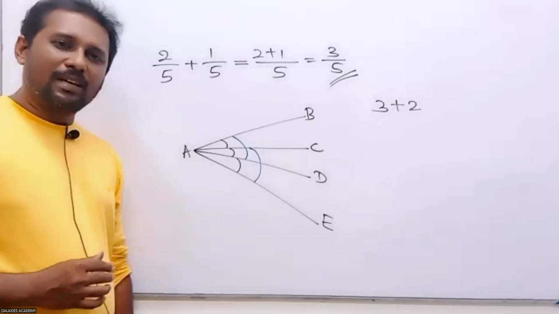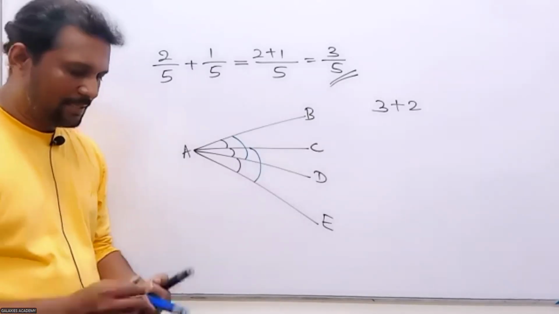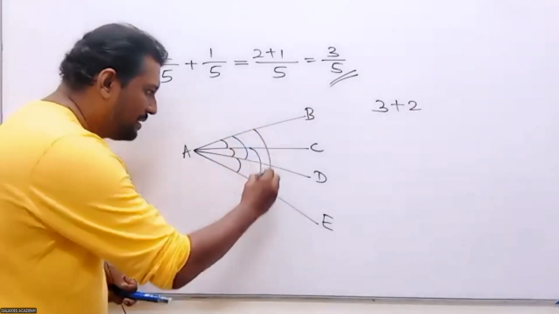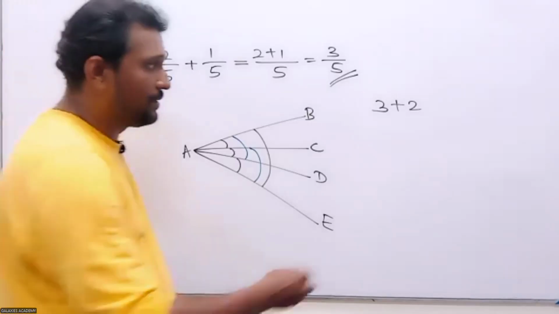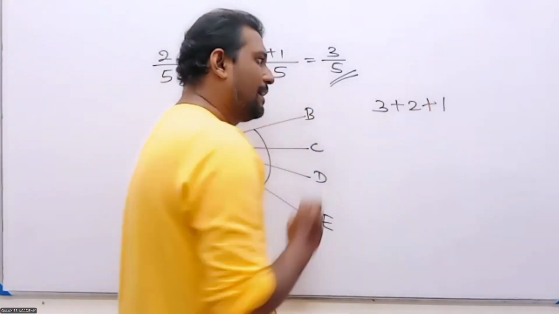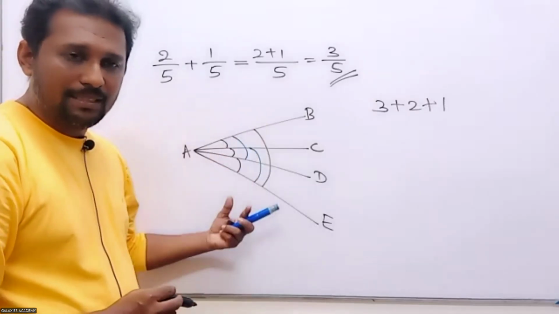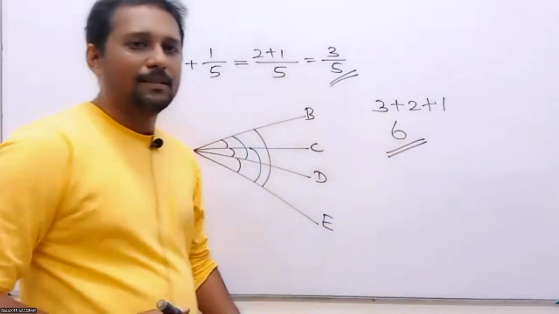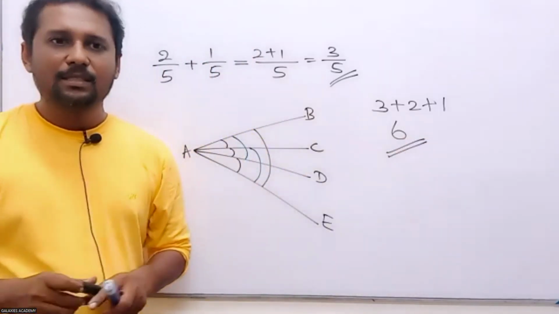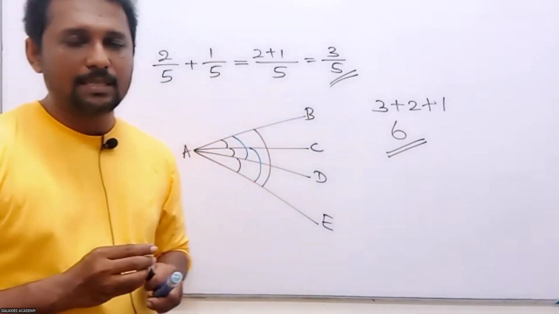Can I draw another acute angle? Yes. This one is also less than 90 degrees. Another acute angle I can draw. So how many total acute angles are in this diagram? There are 6, right? So the answer for the 19th question is 6 acute angles.